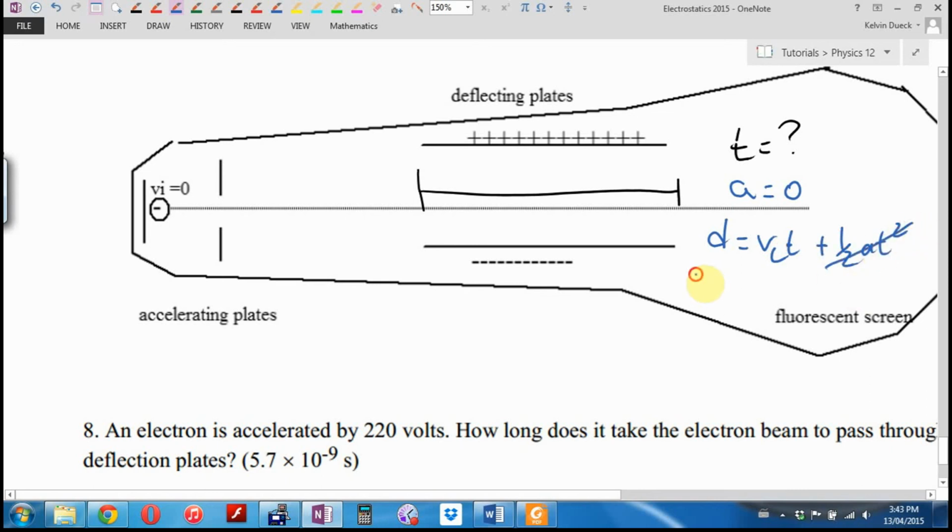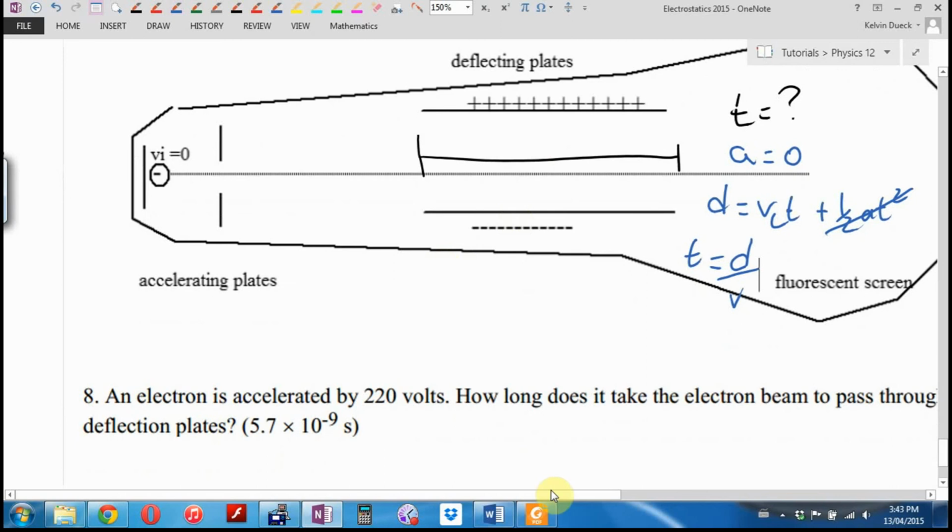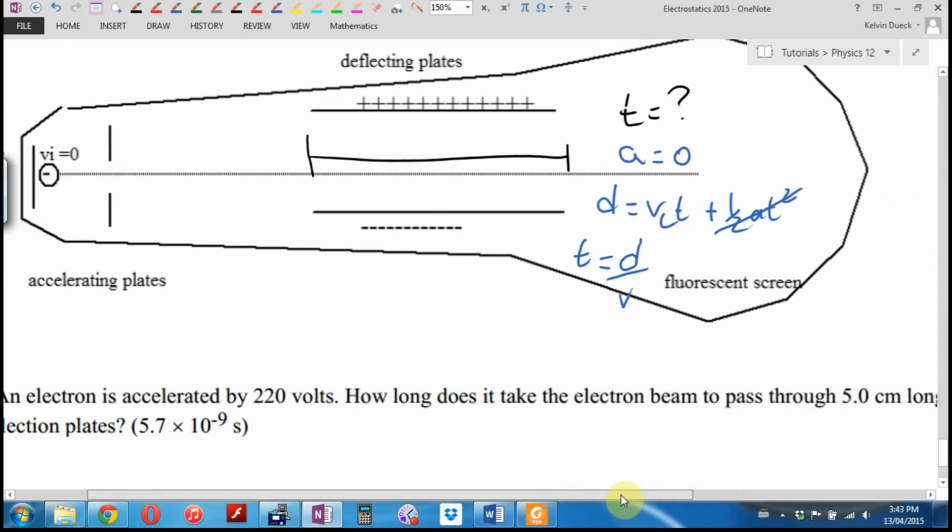The time is just going to be the distance divided by the velocity. Did they tell me how long the plates are in the question? Yeah, 5 centimeters. So the time is going to be 0.05 divided by how fast? It's this velocity here.